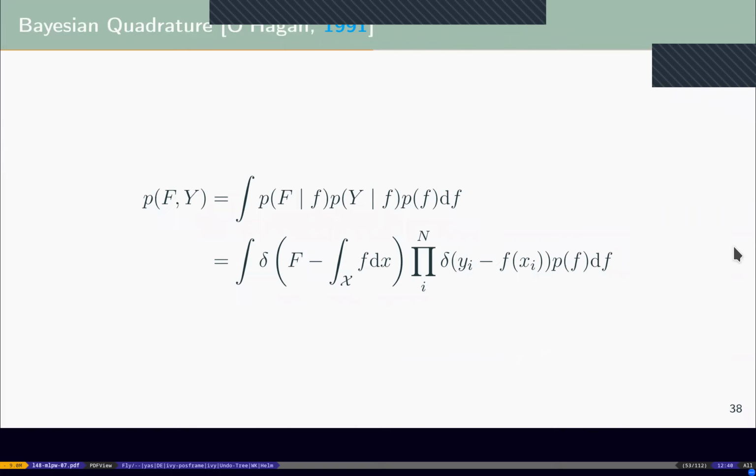As long as all my functions are computable, so that I can compute the integral of them, it just says there's no discrepancy between the analytical solution and whatever the integral is. So it's just the delta function. And then we say there's no noise whatsoever in this function; we're observing the correct values. So we just have a delta function here as well.